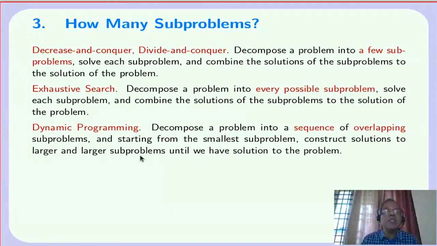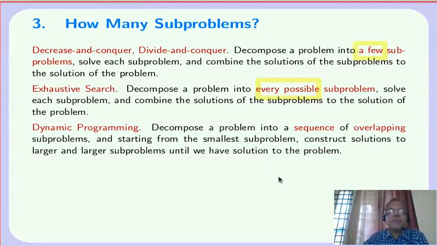In exhaustive search, decompose a problem into every possible subproblem. I have emphasized that a number of times. A few subproblems, every possible subproblem. Solve each subproblem and combine the solutions of the subproblems into a solution of the problem.